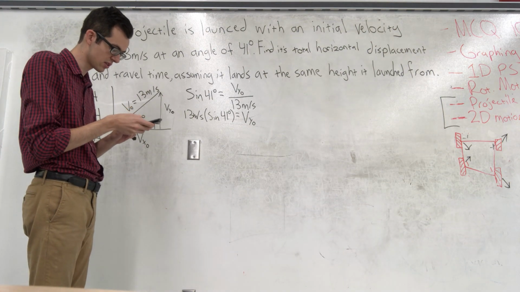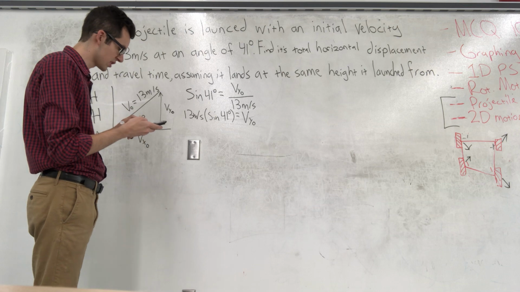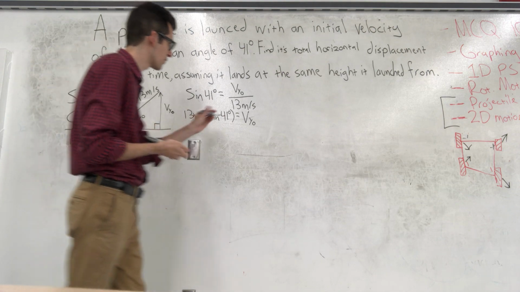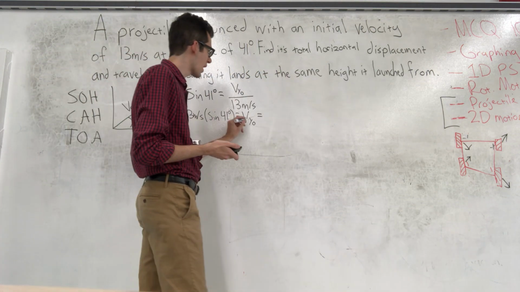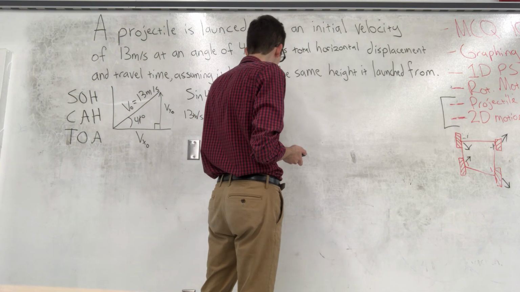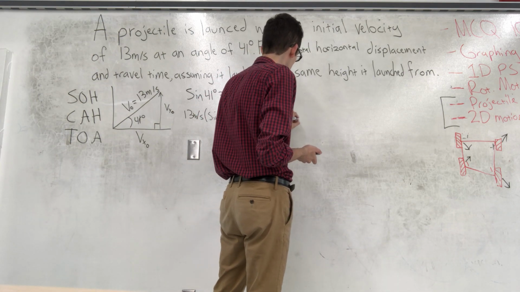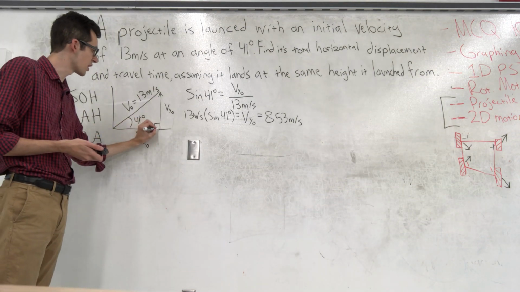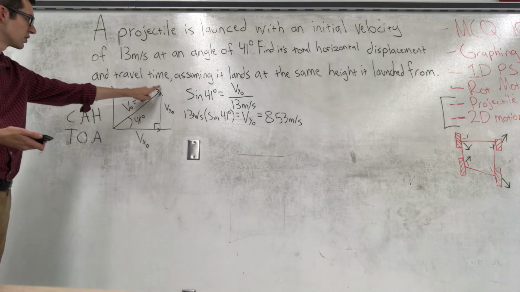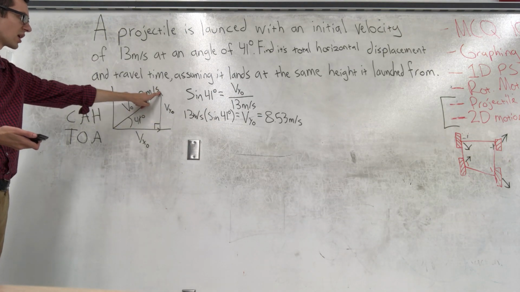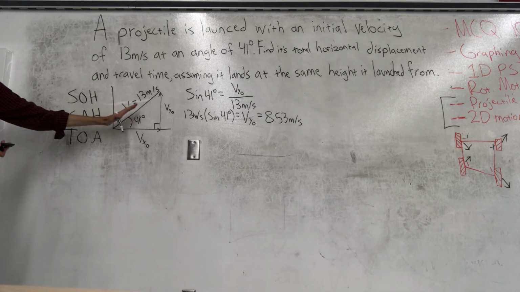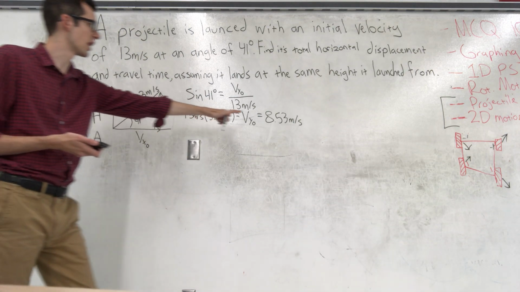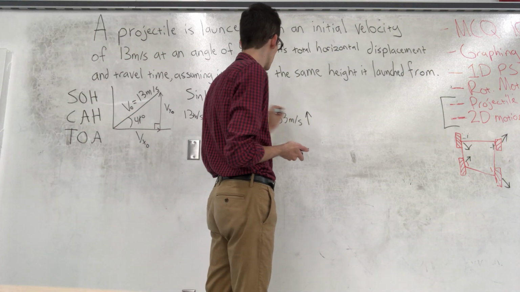The sine of 41 is 0.65. Multiplying that times 13, I get 8.53. So our initial y velocity is 8.53 meters per second. We can tell the direction by looking at our triangle: I'm launching upwards, so the part of the total initial velocity directed upwards is Vy0, 8.53 meters per second, up.